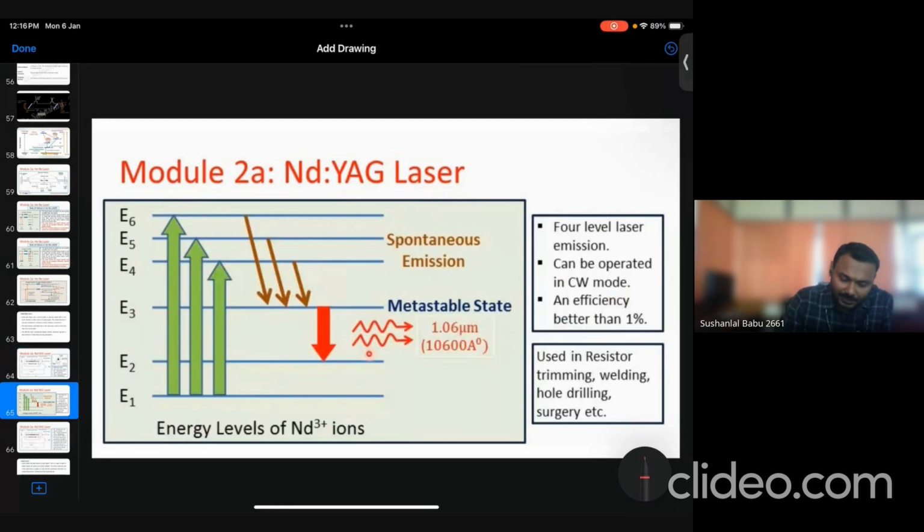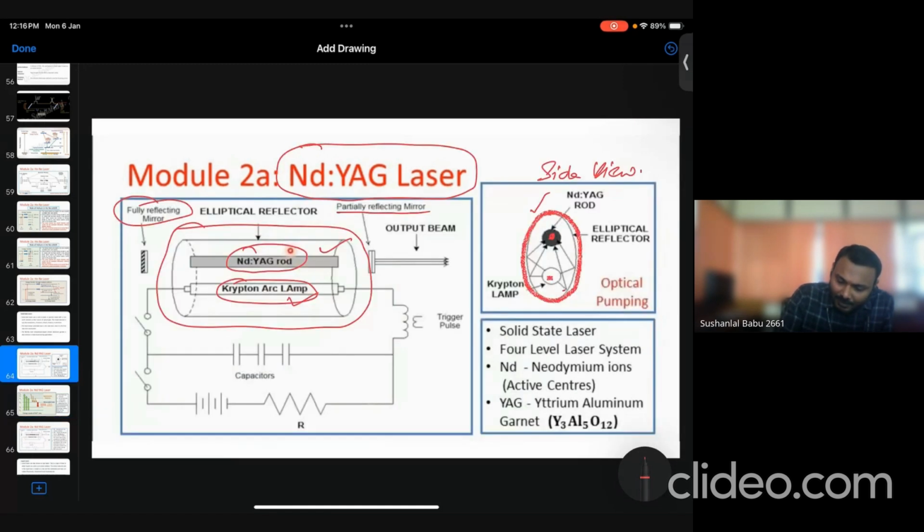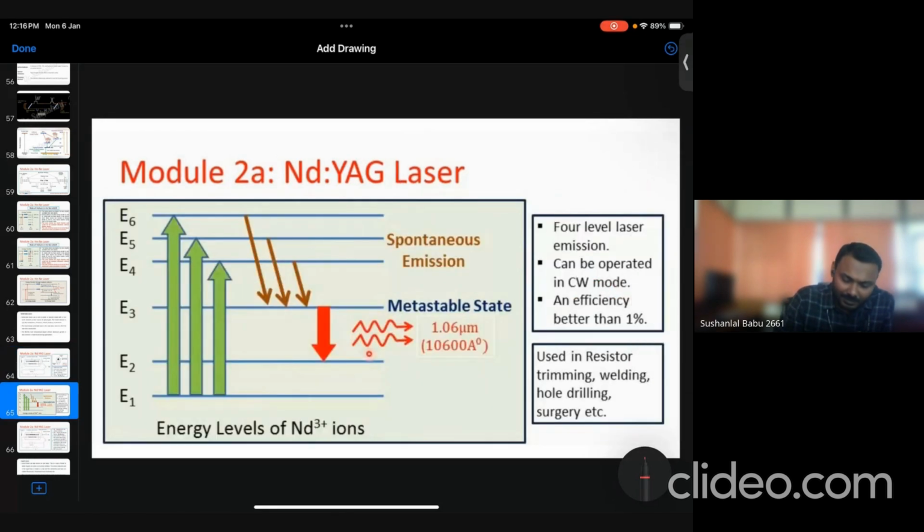Here it is clearly mentioned that neodymium ions are the active centers, and yttrium aluminum garnet is the host material. So what is happening there? It can excite the electrons to E6, E5, E4, and from E6 to E3, or E5 to E4.